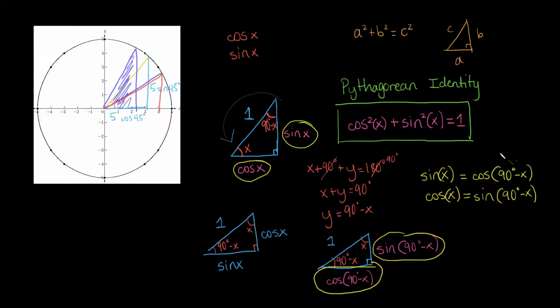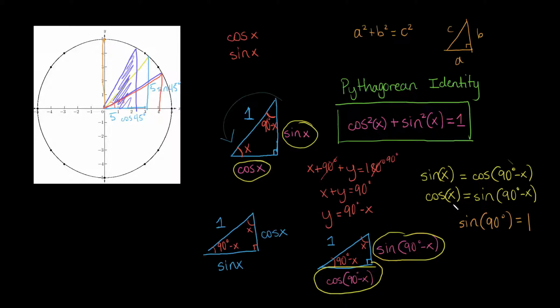And just to make this a tad concrete, if we come back and remember that the sine of 90 degrees equals 1, because we're putting the entire radius into the y position here.